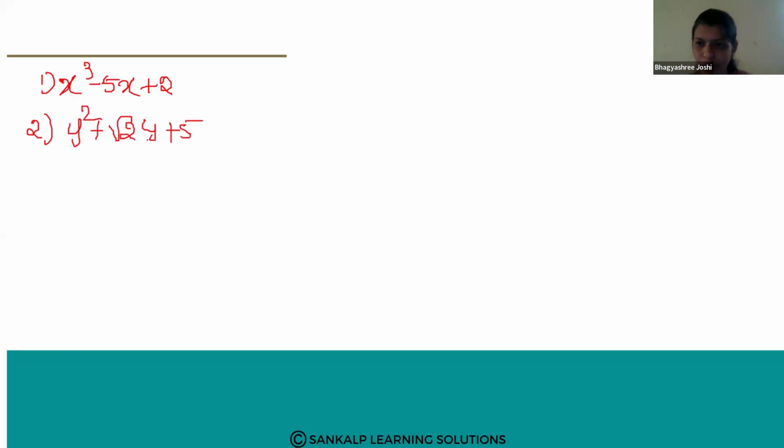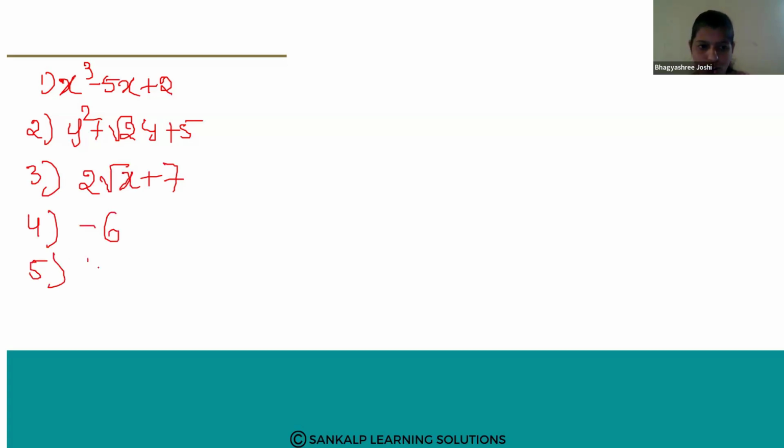Okay, ready? First one is x cube minus 5x plus 2. Second one is y square plus root 2 y plus 5. Third one is 2 into root x plus 7. Fourth one is minus 6.